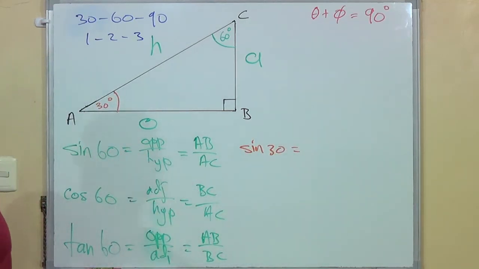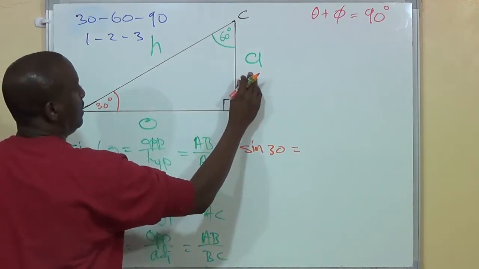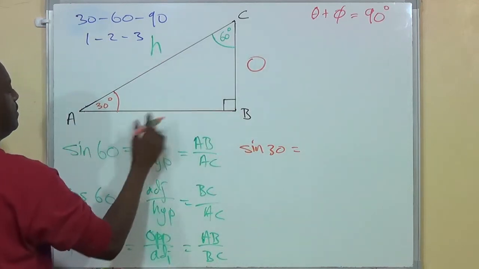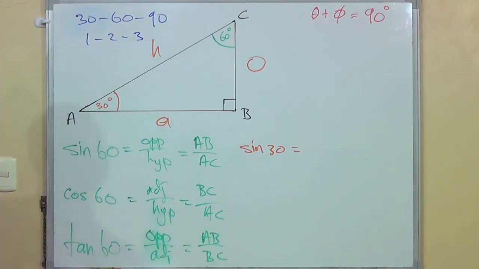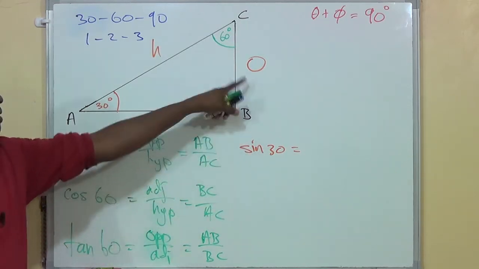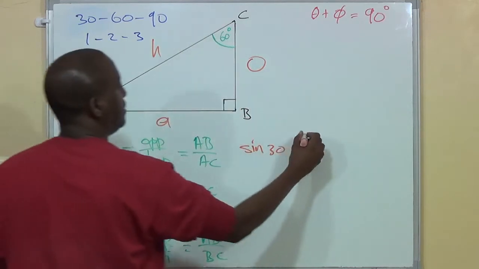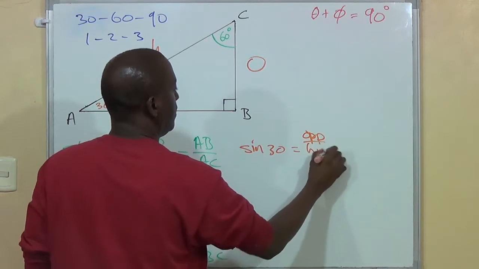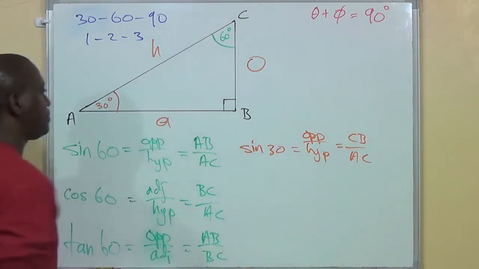With these 30 degrees, I'm going to rub this off now just for emphasis. This will be opposite, this will be adjacent, and this will be hypotenuse. So sine 30 is opposite over hypotenuse, it will be CB over AC.